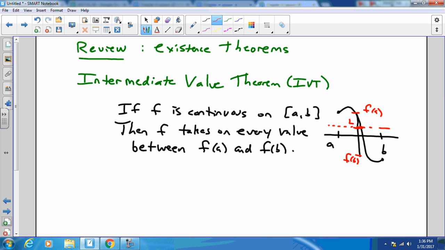The intermediate value theorem was really a kind of zero guarantor. If f is continuous on a closed interval a b, and f of a is positive and f of b is negative, then f had to have a zero in between, or vice versa. So we used it to establish the existence of zeros.